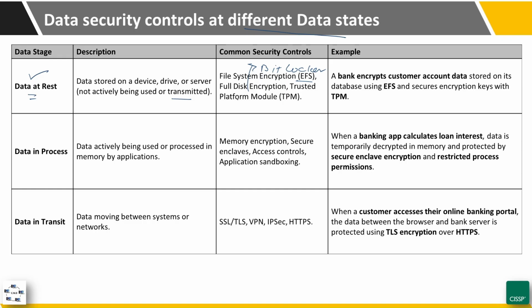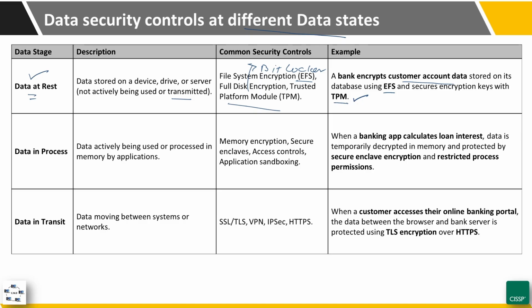Similarly, the Trusted Platform Module or TPM chip can also be used to encrypt your data at rest. For example, a bank encrypts customer account data stored on its database using EFS, the Encrypting File System, and secures encryption keys with TPM. TPM is used basically to generate and store the encryption keys, and is a tamper-proof chip inside the system, mainly inside laptops and PCs.